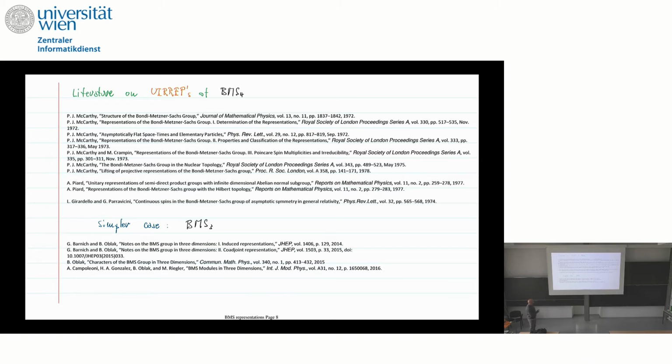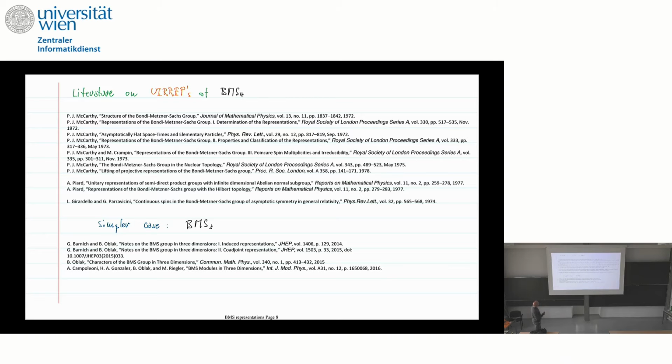And this came a bit later from people associated to this group in Dijon, who completed his proof by saying that this way for the BMS group still gives you all unitary irreducible representations. So that was this paper here.